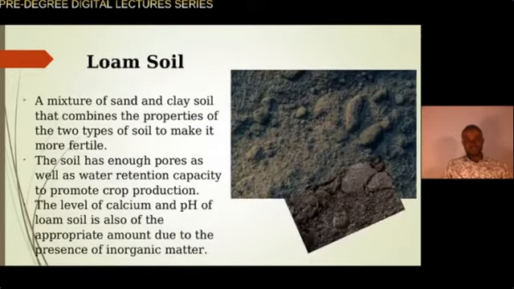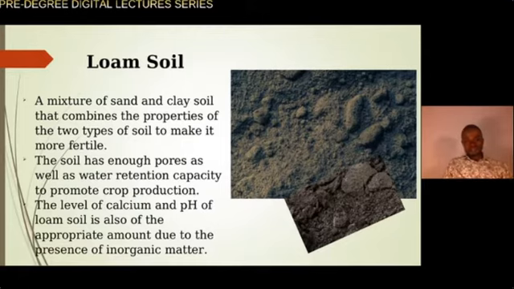We have loamy soil. Loamy soil is a mixture of sand and clay in the right proportion. Since it's a mixture of the other kinds of soils, it combines the properties of the two kinds of soils and makes it more fertile. It utilizes the aeration capacity of sandy soil with the high nutrient content of clay soil to make it better fitted for plant roots.